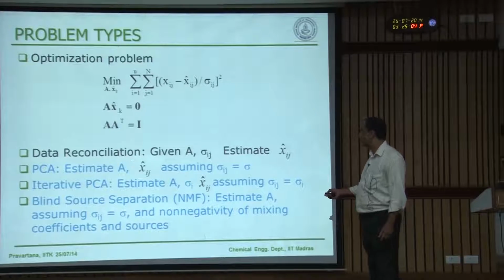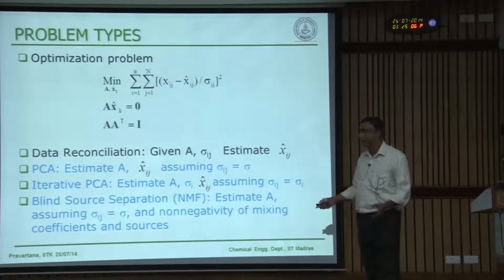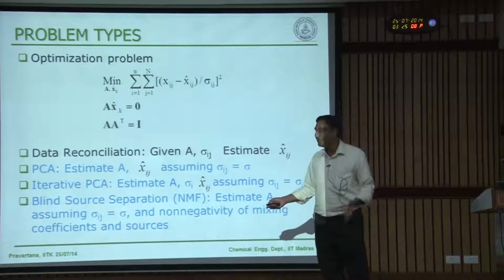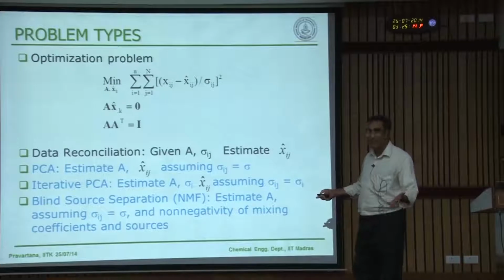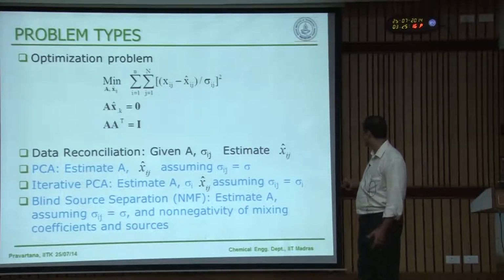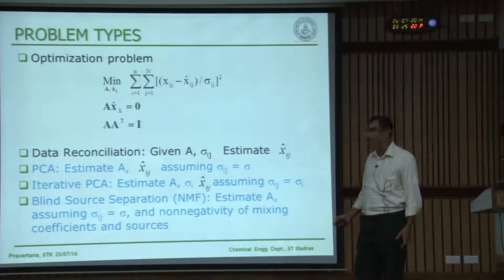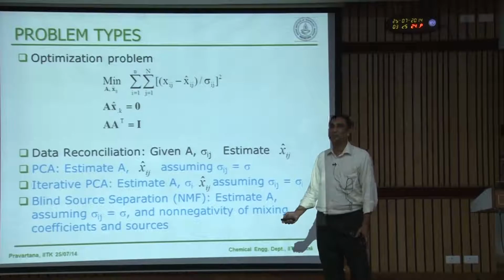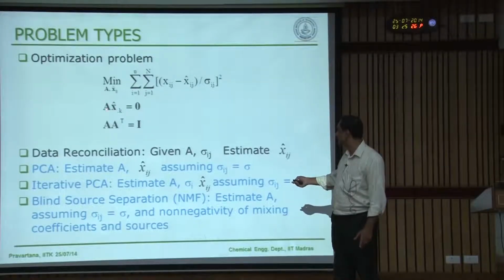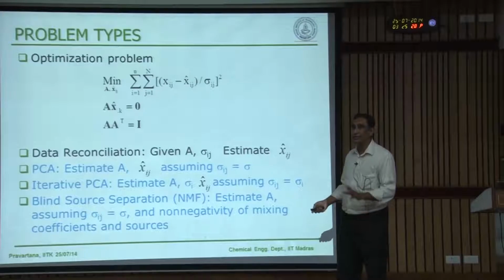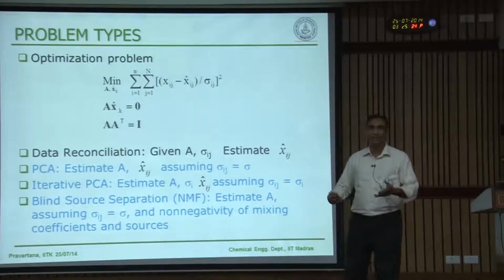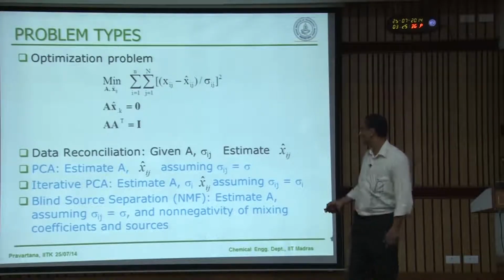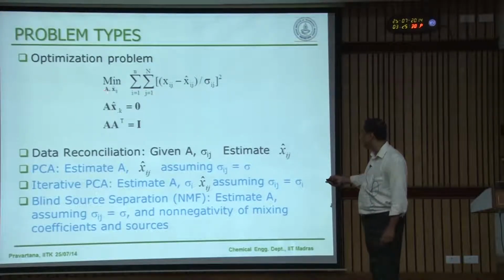The early one, which I worked on for 30, 40 years without realizing that PCA has got anything to do with it, was this: given the matrix A from first principles, and given X measurements, and given some idea of the noise in the measurements by means of the standard deviation, find a consistent estimate of X. Find X which is consistent with respect to the given A. We call that reconciling the variables, reconciling the estimates, so that you can get better, more accurate estimates and use them in your optimization exercise. So this was the problem where A was given.